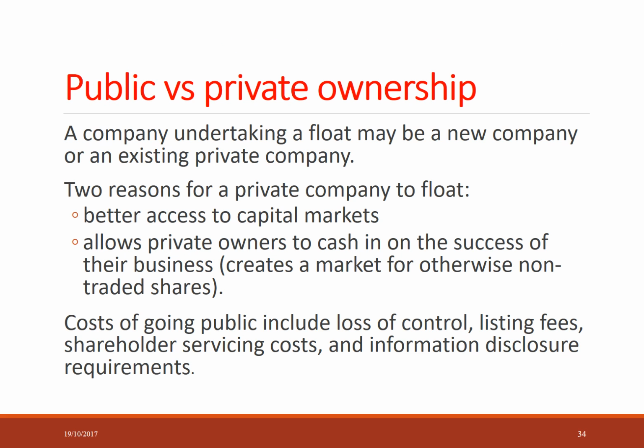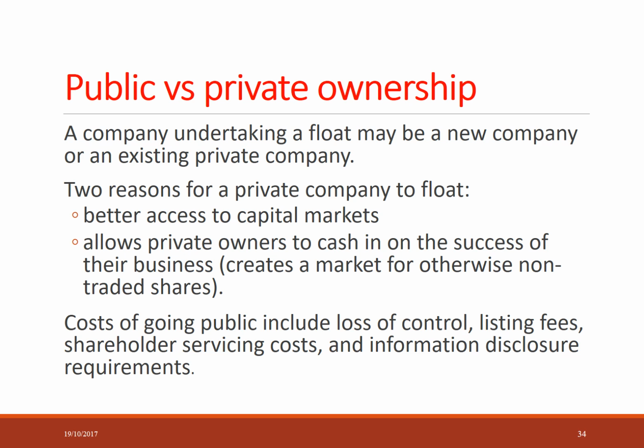Public and private ownership. When the firm decides to go through an IPO, or it decides to float on the public exchange, that's when the firm becomes a public firm, right? Going public means that the firm's original owners lose some sort of control.